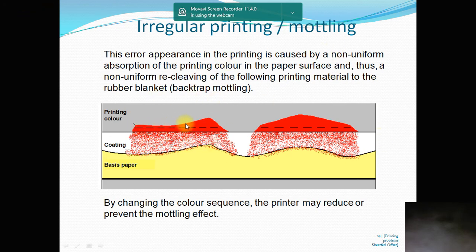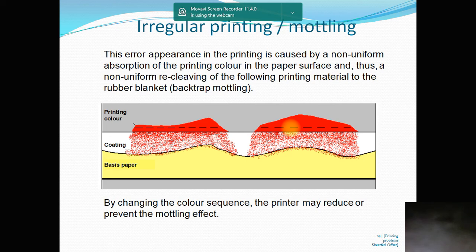See, here it absorbed highly, and here very little absorption. The absorption level is high here, and low here. So if the paper surface is unable to absorb evenly, we will get this type of irregular printing or mottling problem.